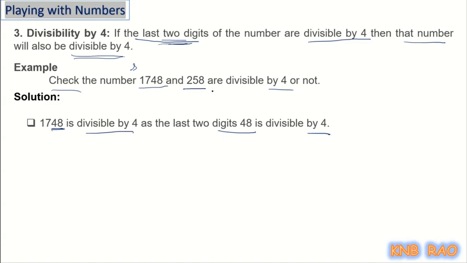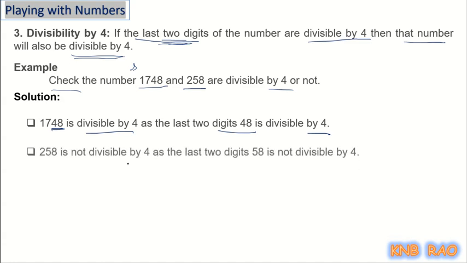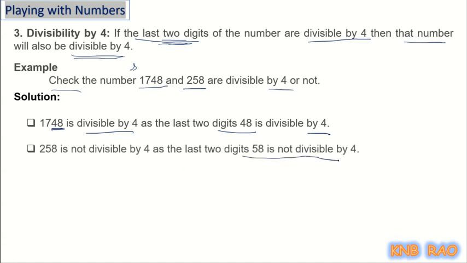Next, 258, what are the last two digits? They are 58, and 58 is not divisible by 4, thus 258 is also not divisible by 4. This is how we check.